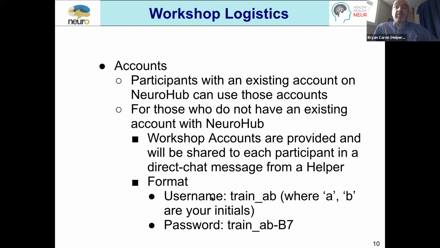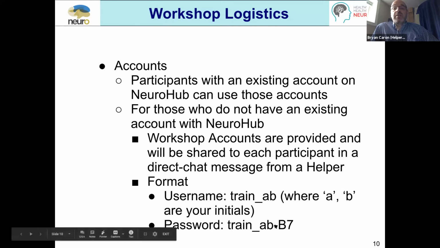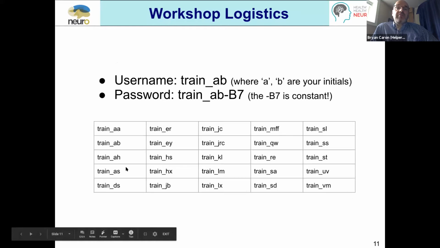As shown here on the screen that I'm sharing, if your first name, last name letter combination is AB, your username, which you will use later to sign into the portal and get connected into the platform, will be train_AB. And your password will be the same as your username, but with -B7 attached at the end. So that's the format we followed for all of them.